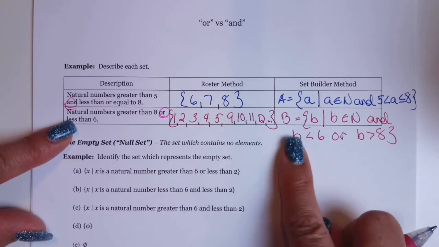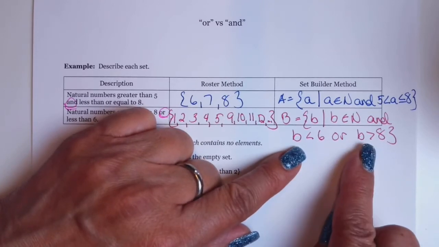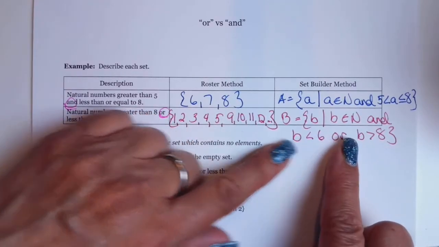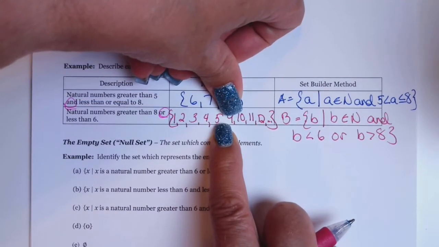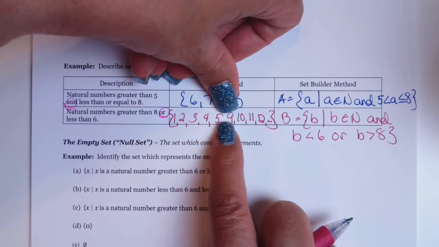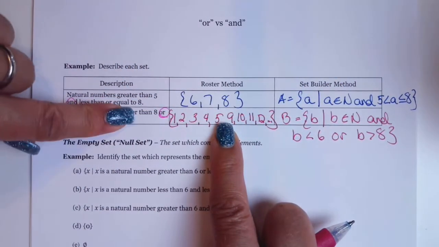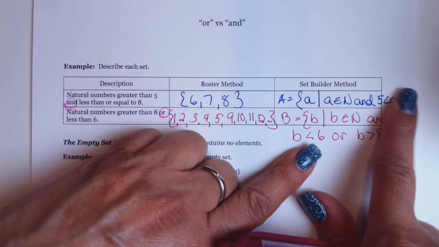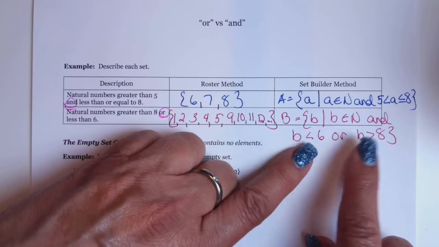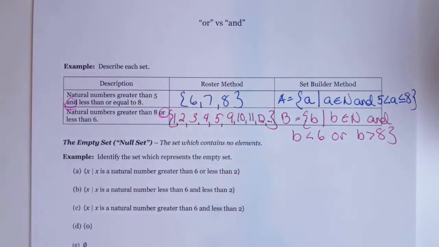We have to mark them separately because they're not in between. There's a gap of numbers. If we think about all our counting numbers, we're missing 6, 7, and 8 here because they're not part of this description. So we can't combine these two like we can in the previous one. We have to write them separately. So there's your and, and here's your or.